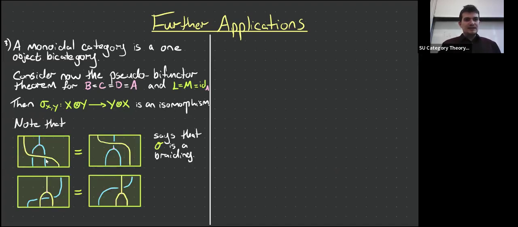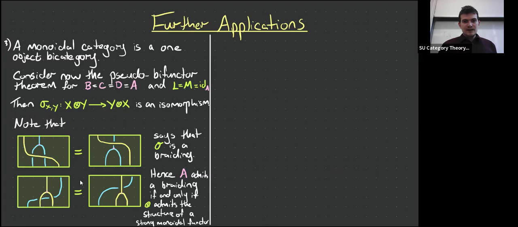And note that the axioms for this to be a distributive law are telling us precisely that this sigma is a braiding. And so hence A admits a braiding if and only if the tensor admits the structure of a strong monoidal functor. So that's a nice application to braidings.